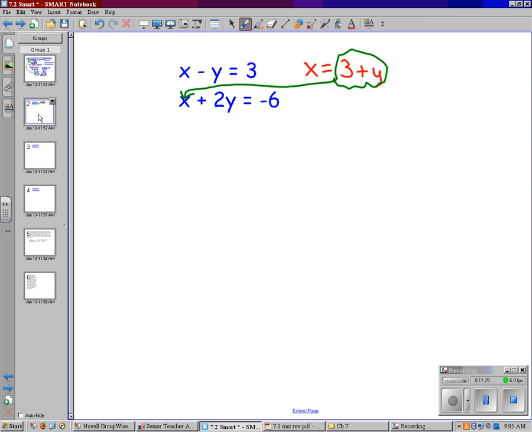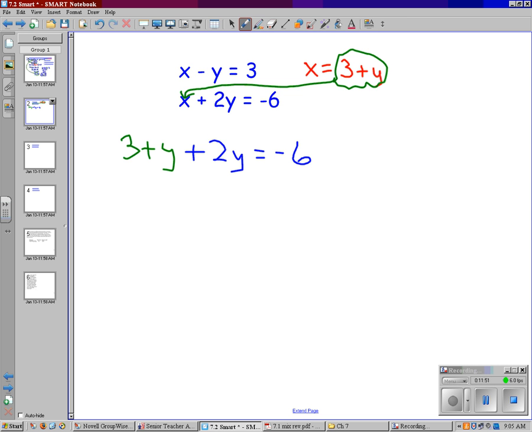Kayla, can you tell me? 3 plus y plus 2y equals negative 6. Exactly. Notice I put that 3 plus y in green so that you can see, oh, that's what was substituted into this equation.